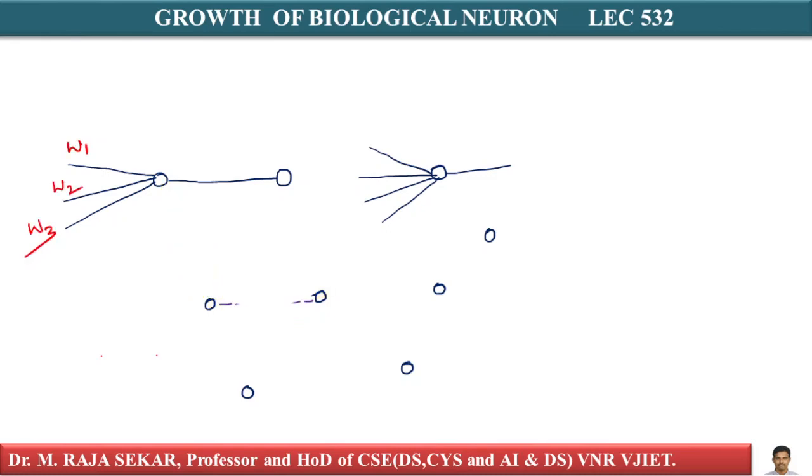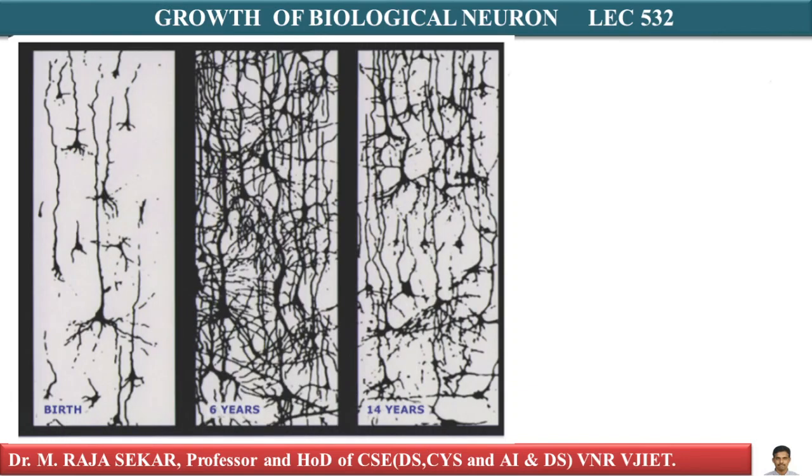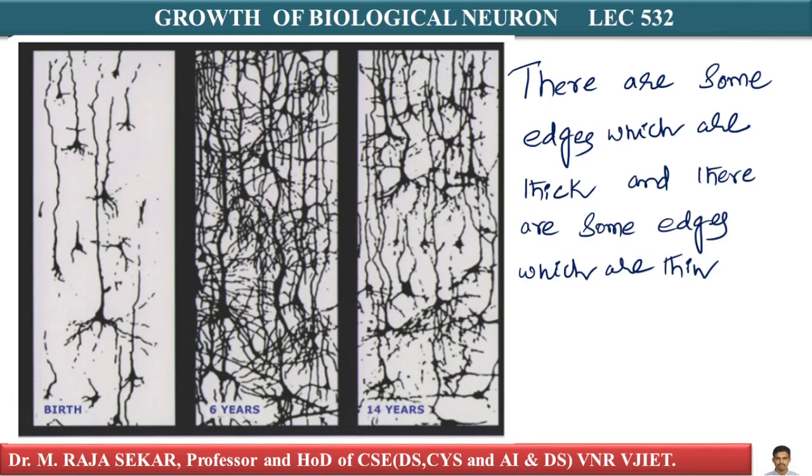Just see, even in that particular picture, some edges are densely connected, but others are weakly connected. Few connections have high weight, and few connections have low weight. So the more weight, the more thickly and densely connected, isn't it?